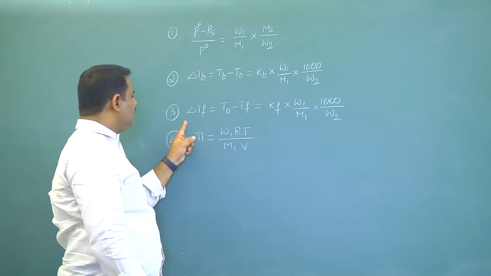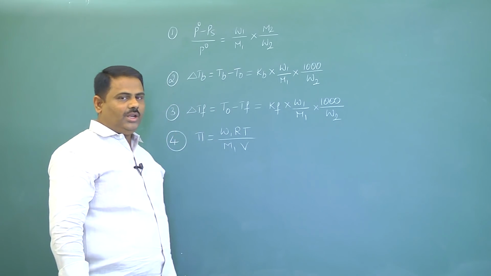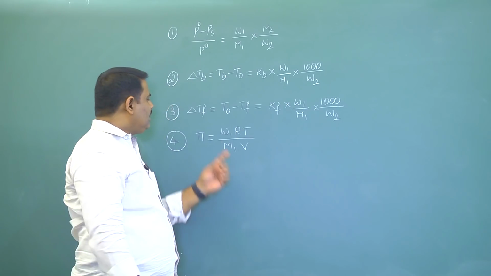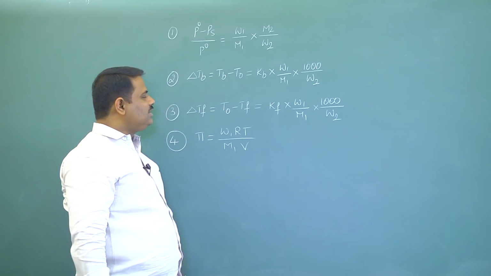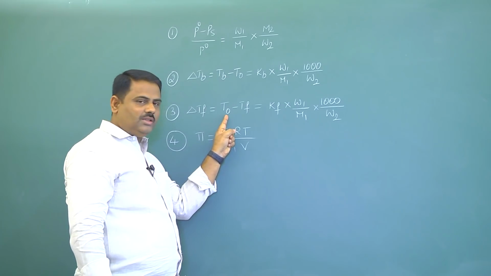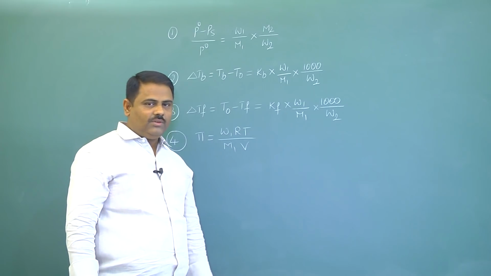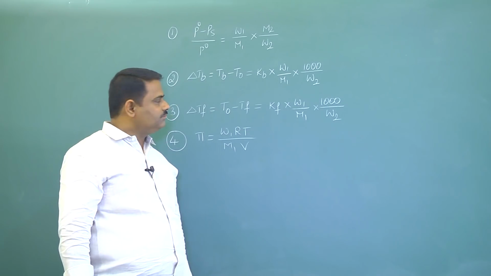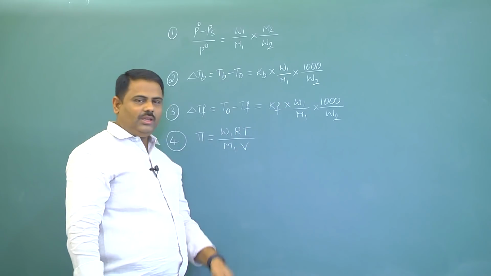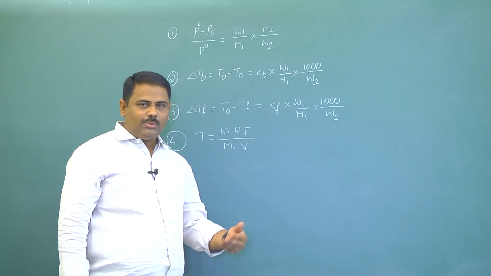Now come to the third one, depression in freezing point. Here delta TF is depression in freezing point, T naught is freezing point of pure solvent, TF is freezing point of solution, Kf is molar depression constant.